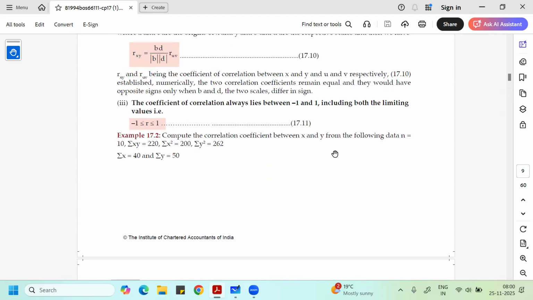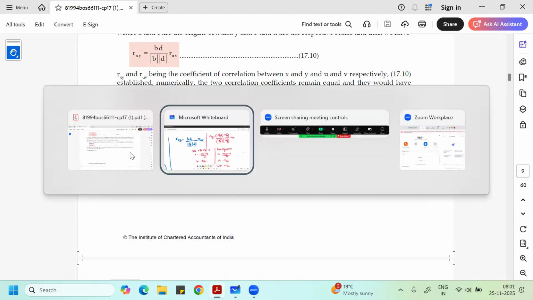Now here in this question, they're asking you to compute the correlation coefficient between the variables x and y. They have given you n is 10.